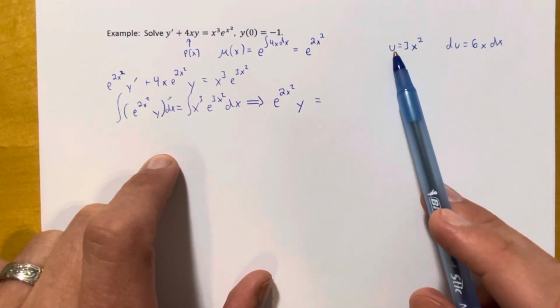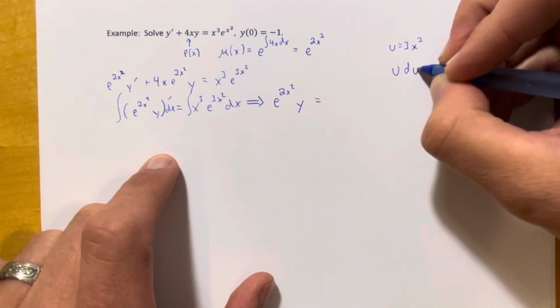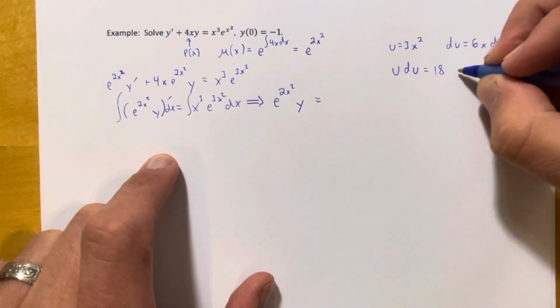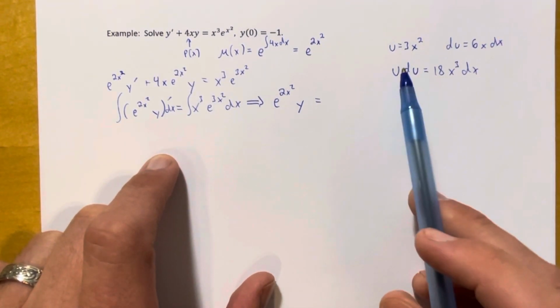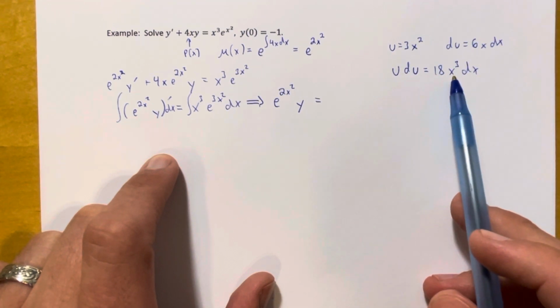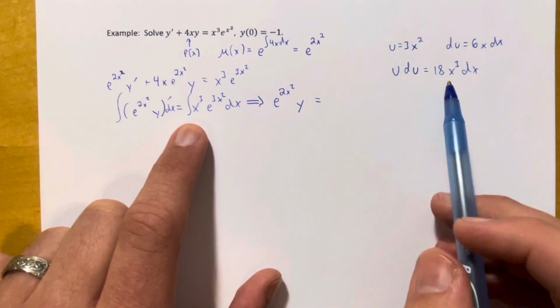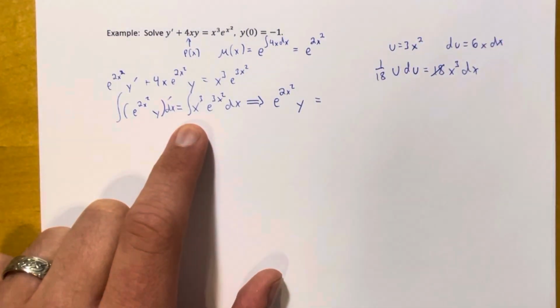But notice if I were to multiply these two things together, u times du, I would get 3 times 6, which is 18, x squared times x, which is x cubed, dx. By multiplying u and du, I am now getting an x cubed, which almost matches what I have here. The 18 is the only issue, but just divide both sides by 18 to resolve that issue.